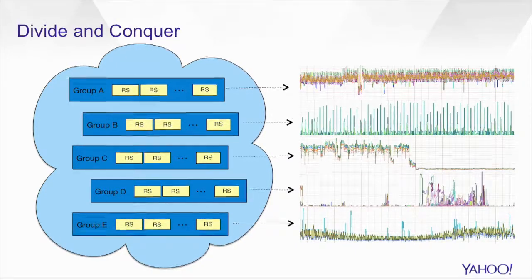As you can see, it looks less chaotic. It's more periodic. This means we're able to tune the region servers in that group for that particular workload, thereby using those region servers more efficiently. Not only that, it's also easier to identify any anomalies.